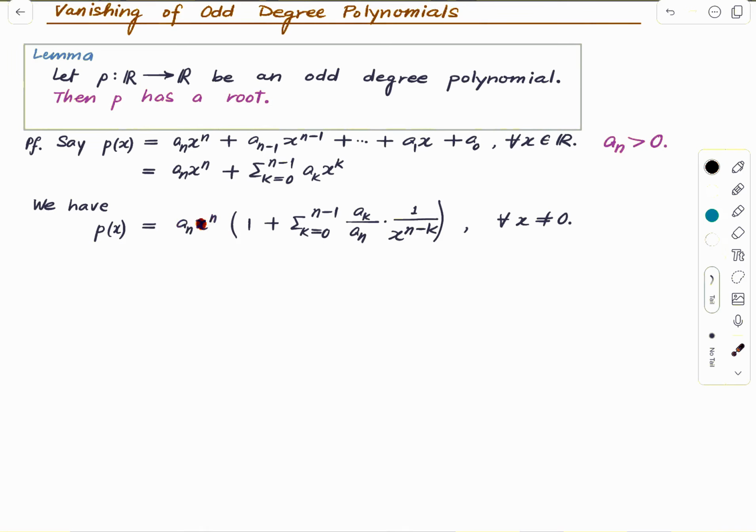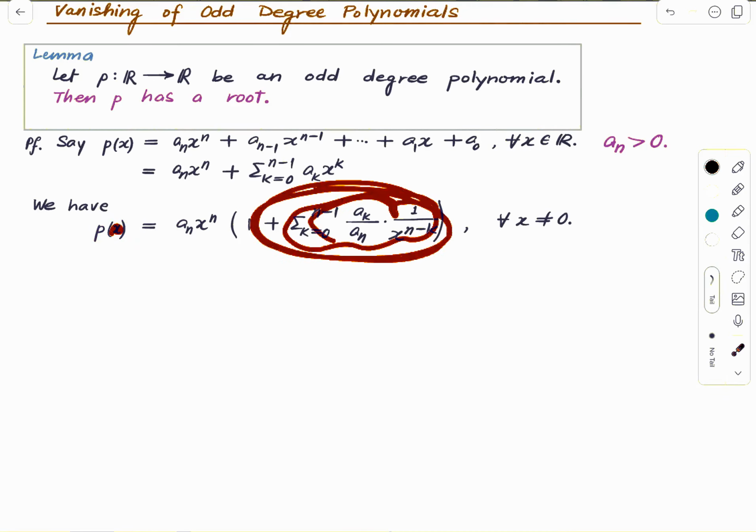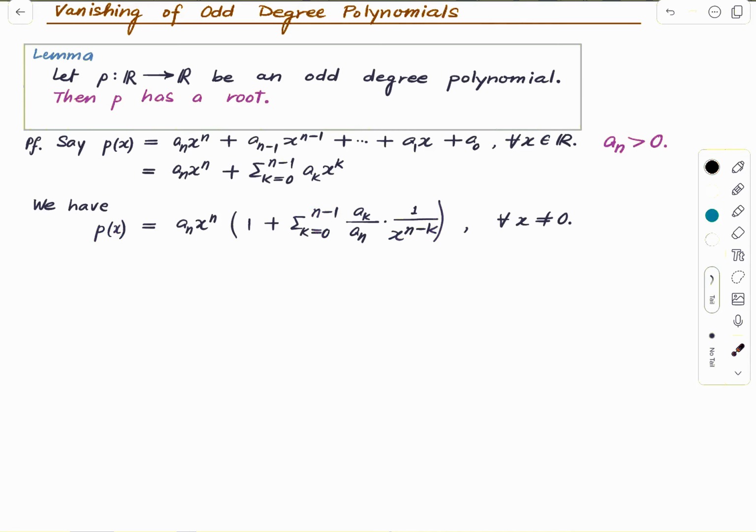And if you feed very large negative values, very far to the left of the origin, you get something negative. Whenever the magnitude of x is very large, this does not matter, so this term remains positive. Therefore the sign of the value of p(x) is governed only by the leading term if x is sufficiently large. And therefore p(x) will take both positive and negative values, and that is this proof.